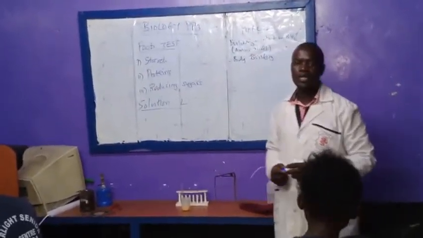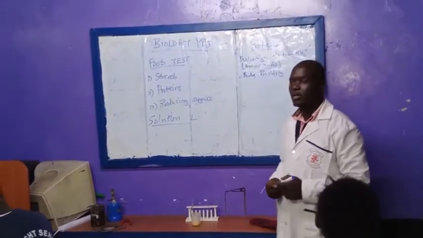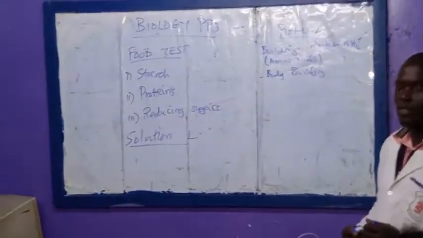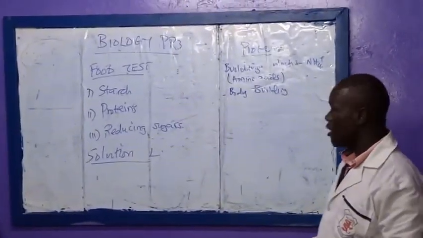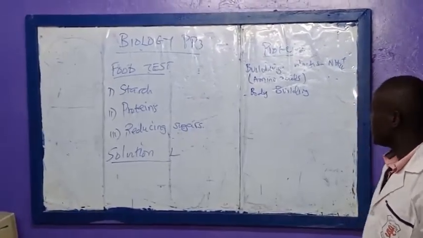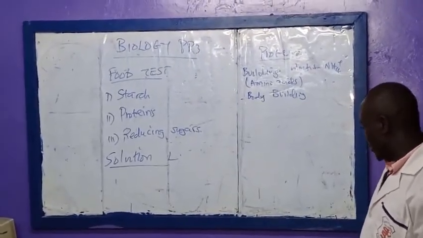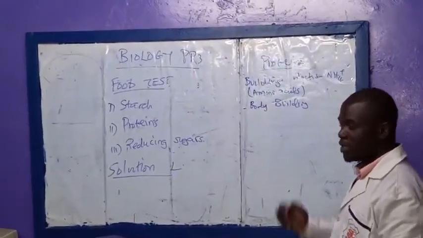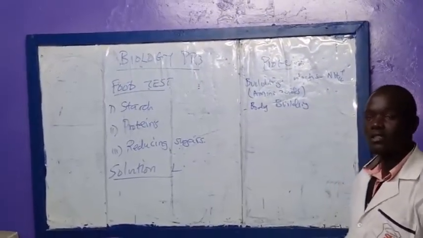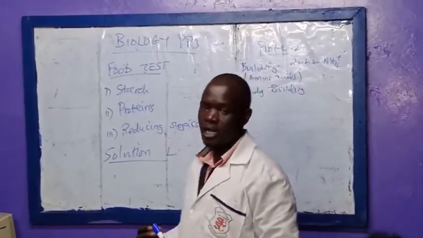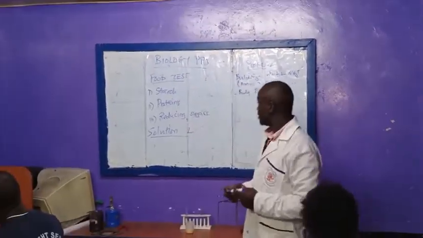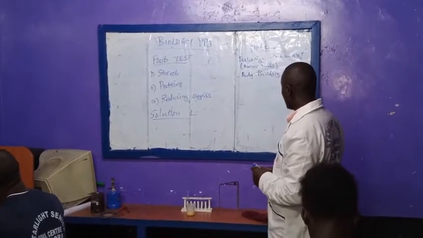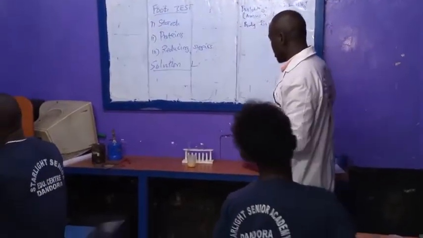Most of the cells and even the entire bodies, be it for plants or the animal body, have components of proteins. It should be noted that sometimes proteins are also used as a source of energy, especially during starvation. So we want to test if the proteins are there.